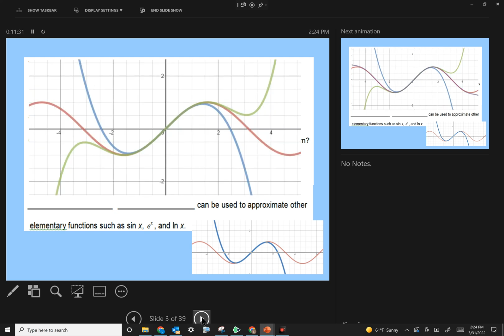Hey, look. Doesn't that one extend out along the sine curve even further? Do you see that? What would the next one be? Plus or minus? Minus x to the 7th over 7 factorial. See how close that one is.